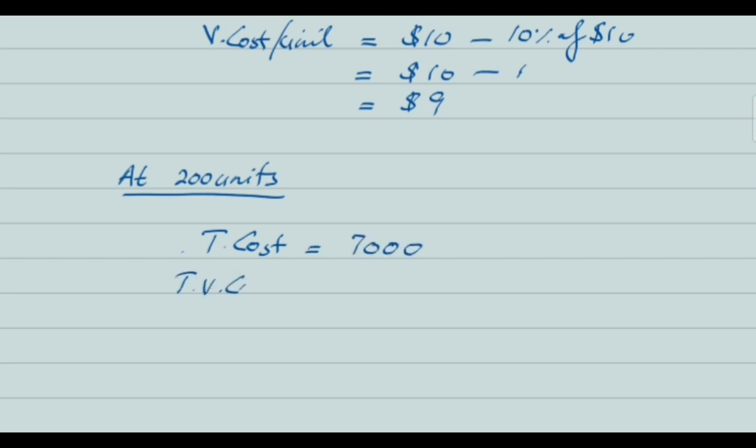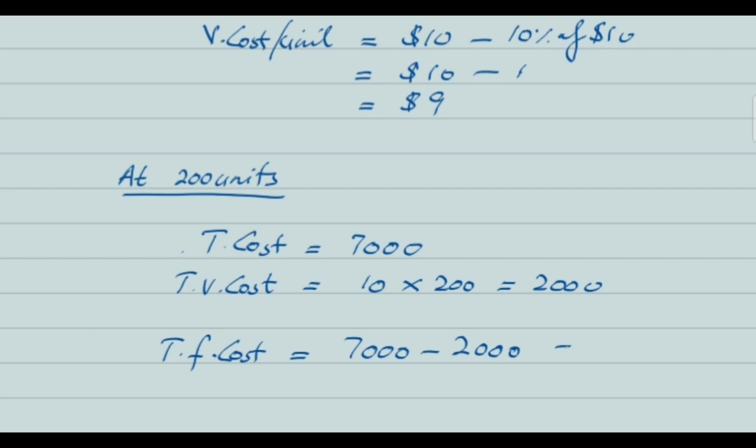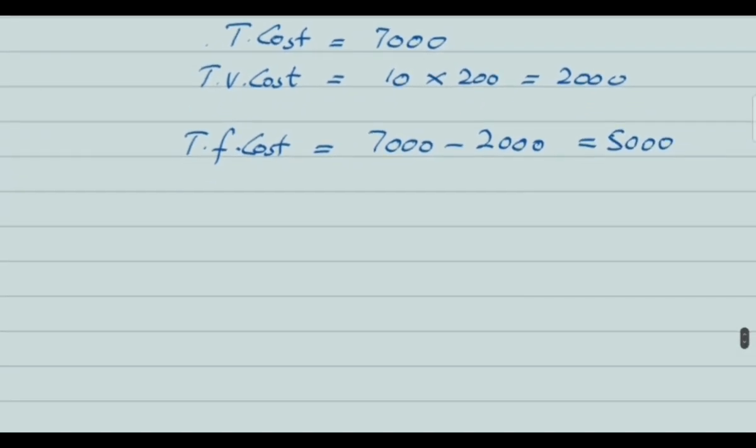Total variable cost at this level would be 10 multiplied by 200, and that will be 2,000. So we will calculate the total fixed cost as the difference between total cost and total variable cost, and that will be 5,000, right?